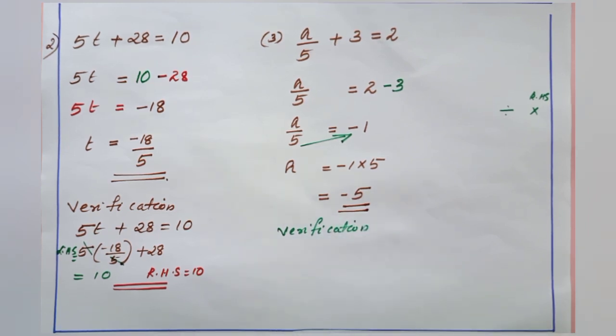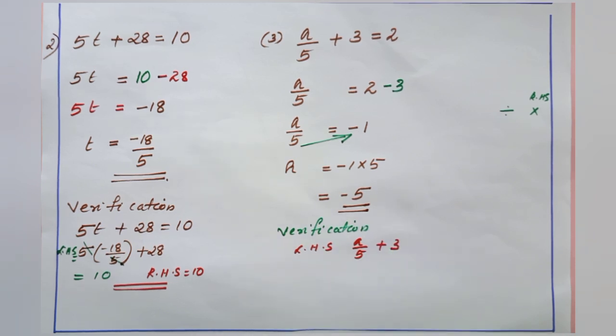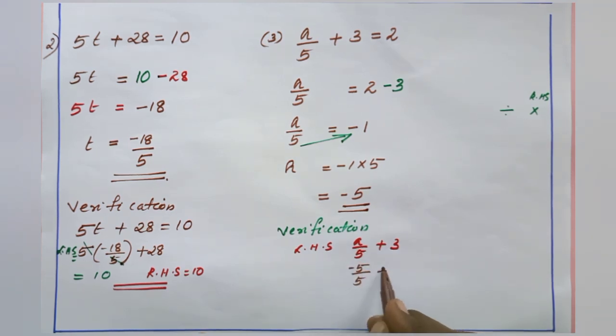Take the left hand side, the LHS portion. Here the LHS portion is A by 5 plus 3. So A is negative 5, so negative 5 by 5 plus 3. Cancel negative 5 and positive 5. We get negative 1.